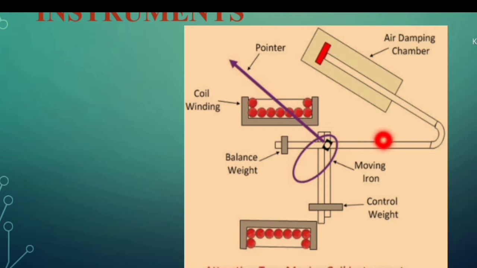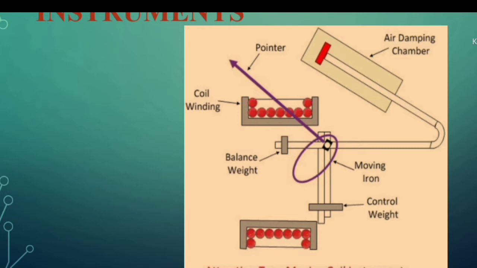Damping is meant for reducing the oscillation of the pointer arrangement, and it is provided by this pneumatic arrangement. So what are the 5 main parts? One is the magnetic system, second the moving system, third the controlling system, fourth the damping system, and last the indicating system.